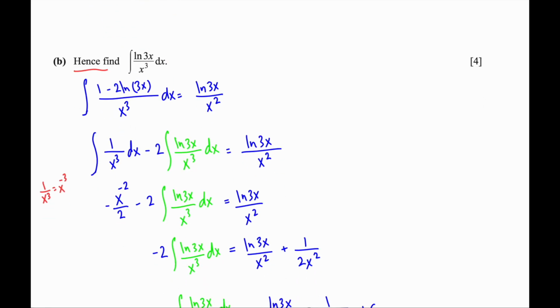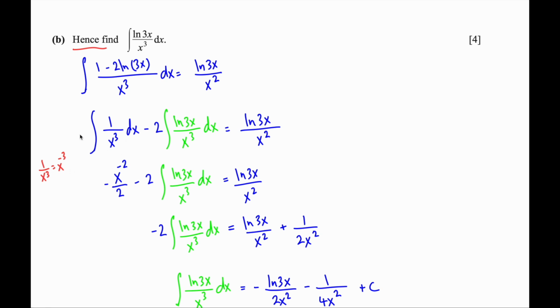Then I have to take integration of this guy. The integration of 1 over x cubed can be found easily by bringing the power 3 up. You have to make it negative. Then you add 1 to the existing power and then divide by the new power, which is -2, and that's what I got here. And then you need to move it to the other side.